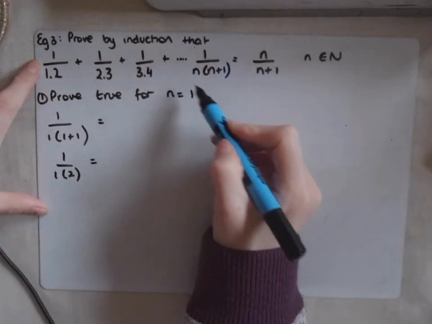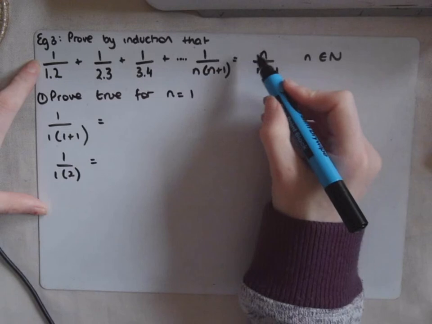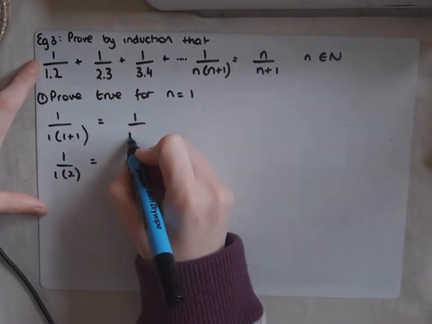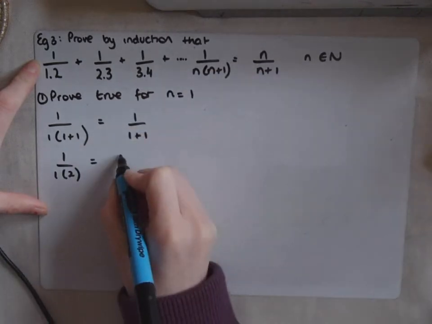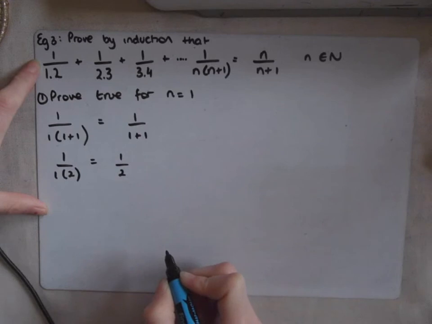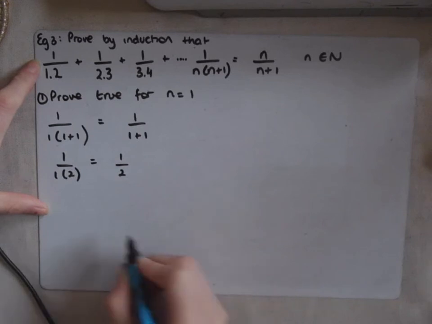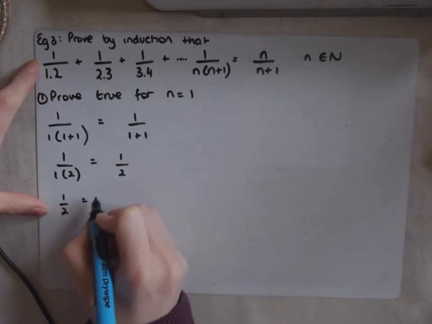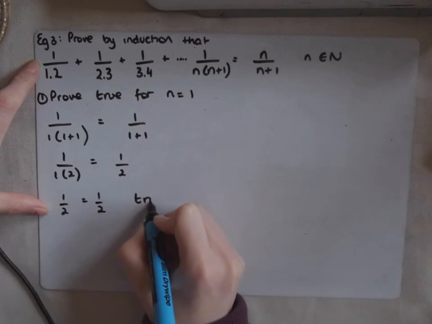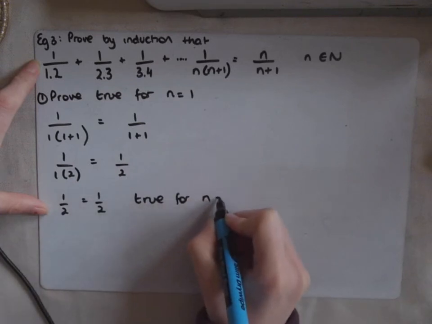So that's on the left hand side, I filled in n as 1, and on the right hand side just fill in n is 1. So you get 1 over 2 equals 1 over 2. True for n equals 1.